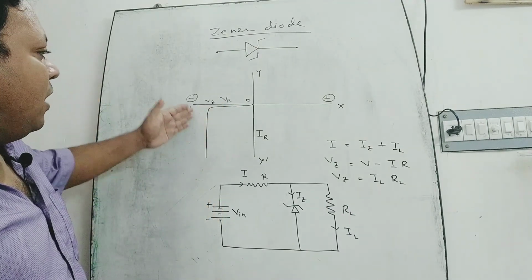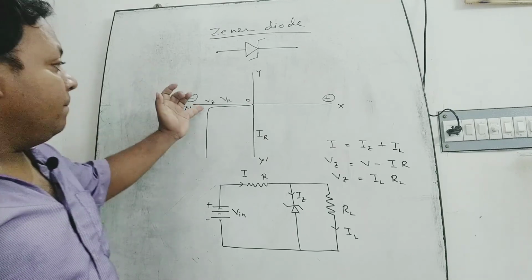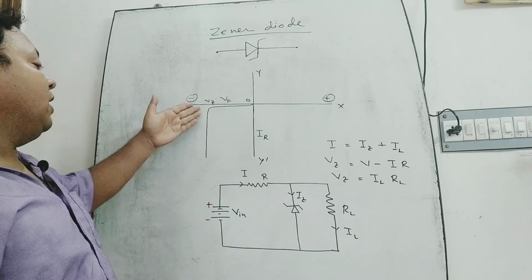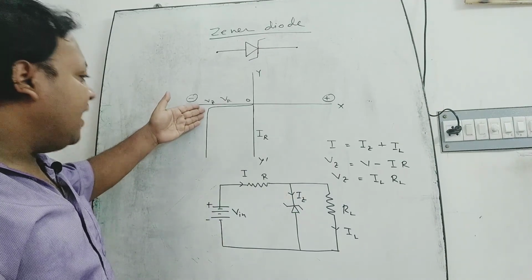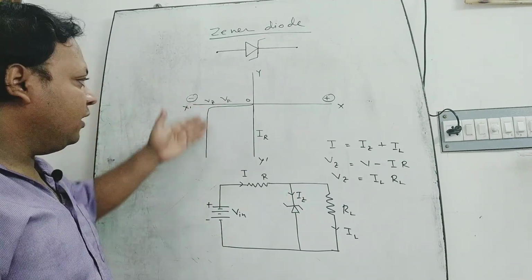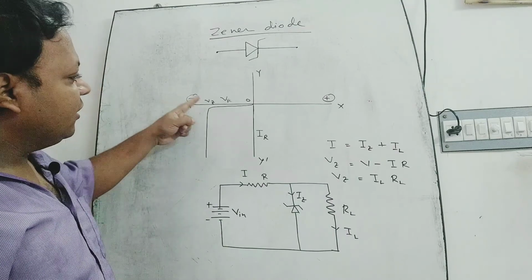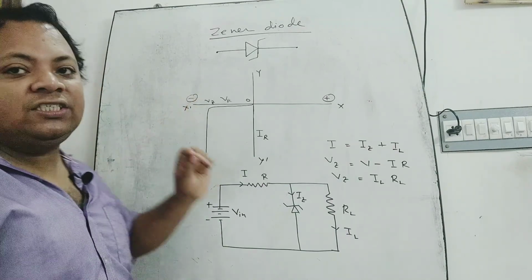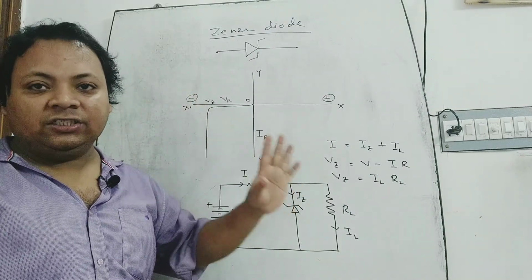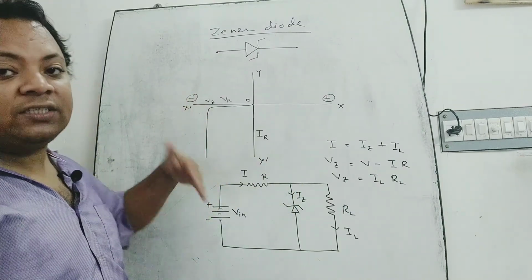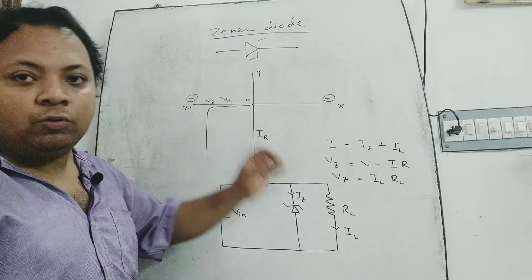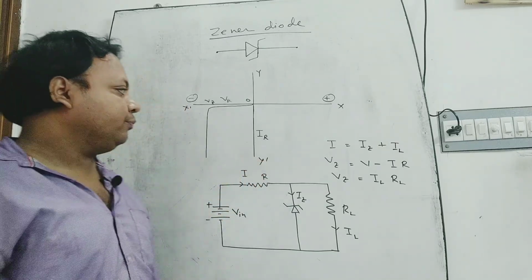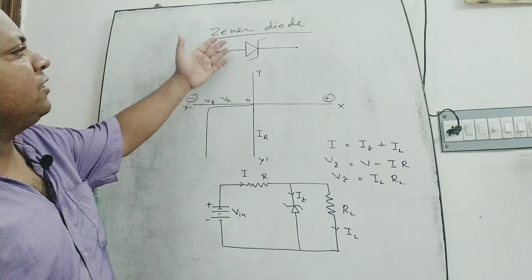But at some value of the reverse bias, the reverse current suddenly increases. This potential is known as the Zener voltage, and this effect is known as the Zener effect. And this is the symbol of the Zener diode.